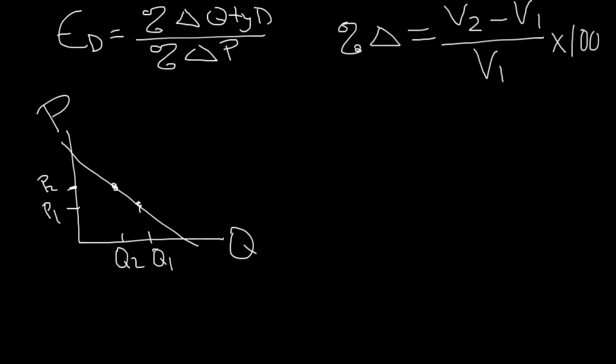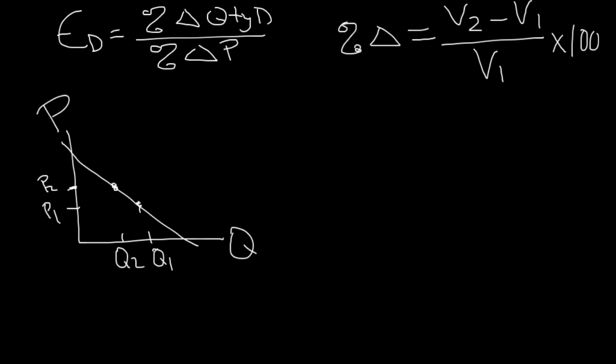Okay, which one of these is the value in the first period? Which one is the value in the second period? You don't necessarily know, but what's most important to realize is your calculation is going to make a difference depending on which one you choose. So let's just look at the numerator, all right?